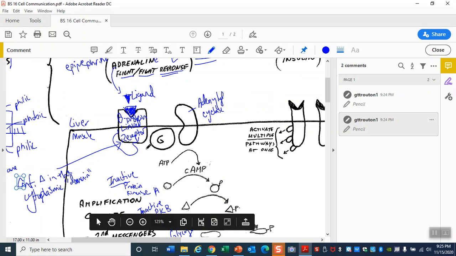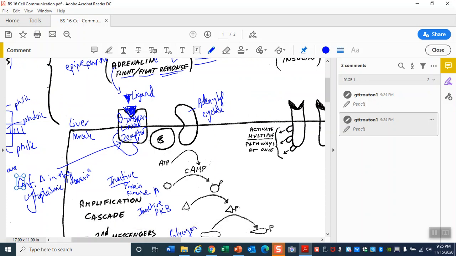This physically comes into contact with this G protein, all right? It's going to activate that G protein. This G protein is going to get phosphorylated by a molecule of GTP. We can add the phosphate group.